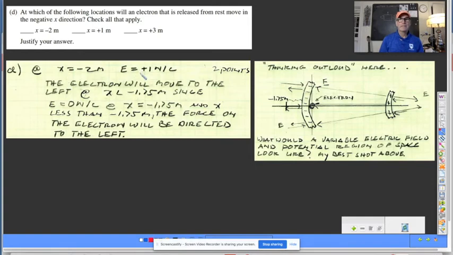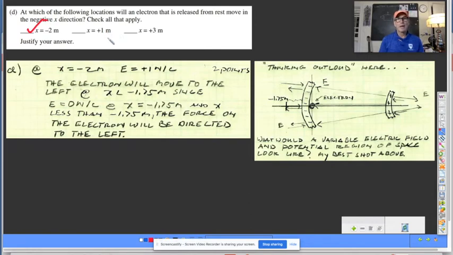So that means that the electric field at -2 is directed to the right. And remember, the electron moves opposite the direction of the electric field. So if the electric field is directed to the right at -2, that means that the electron is going to move to the left. So that's definitely an answer.